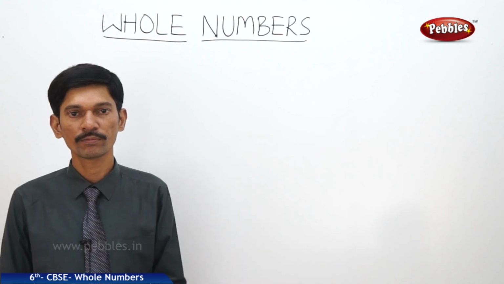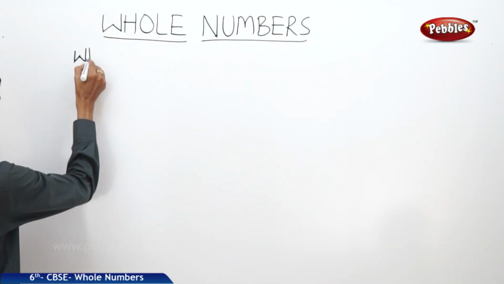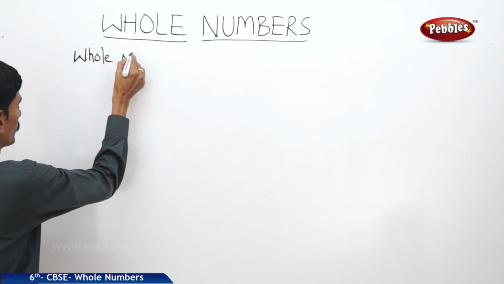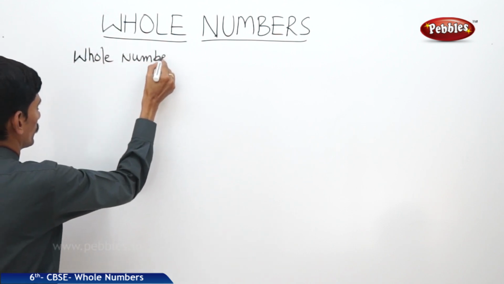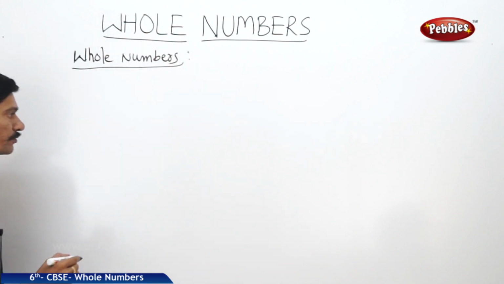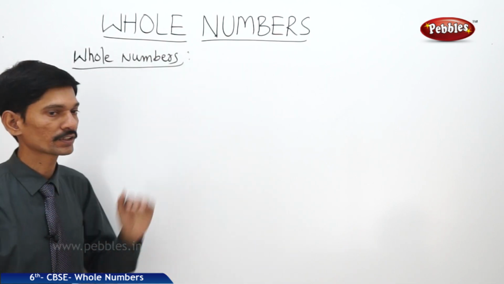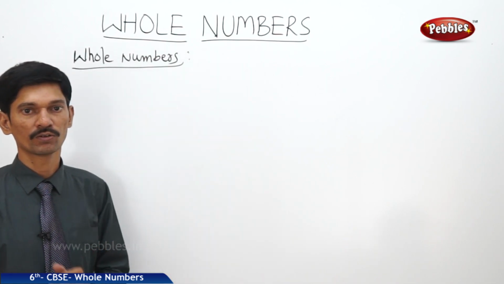Now what are the whole numbers? Now let us learn about the whole numbers. If we include 0 in the set of natural numbers, then we get another set of numbers called the whole numbers.